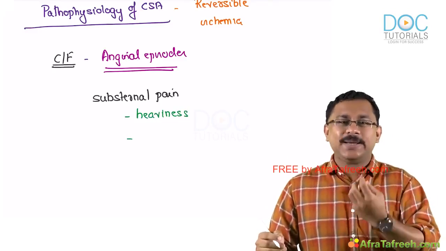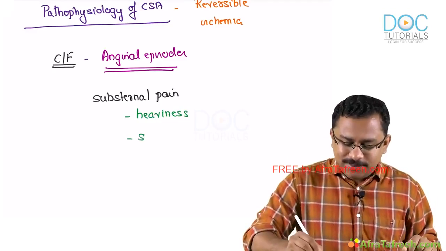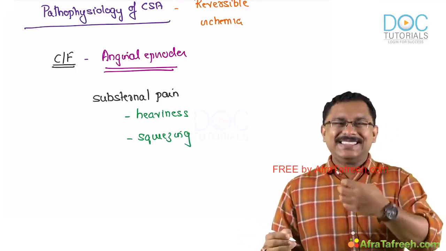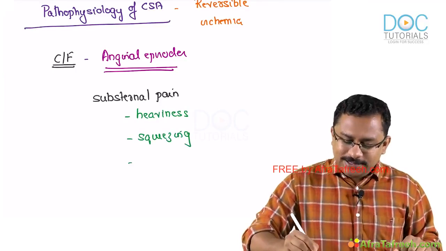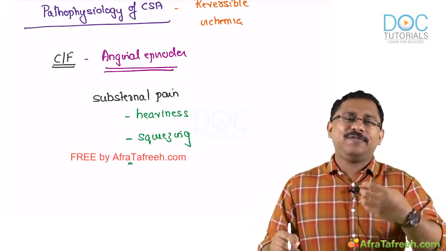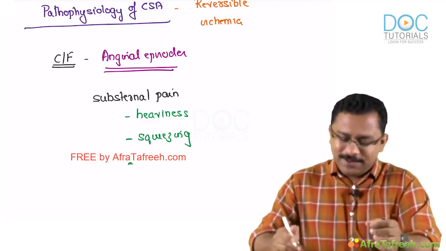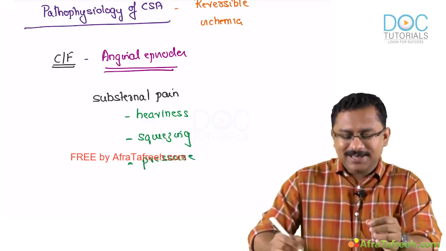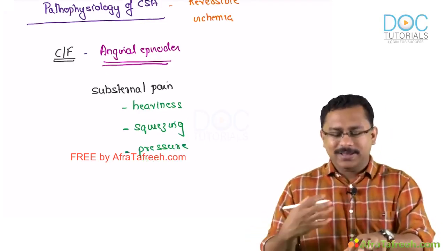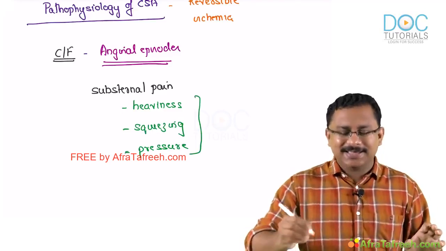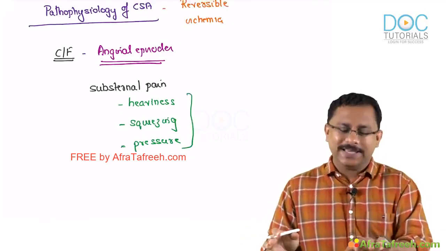Sometimes they would say there is some sort of squeezing type of discomfort. Sometimes some would say there is a pressure type of sensation over the substernal region. So these are the characters of the pain that the patient would describe.